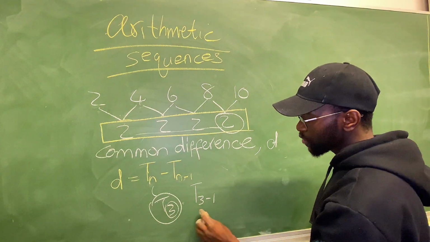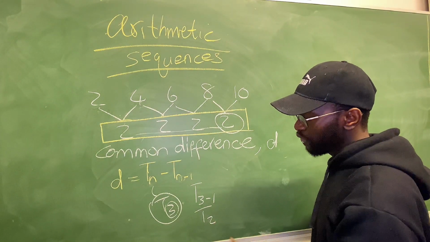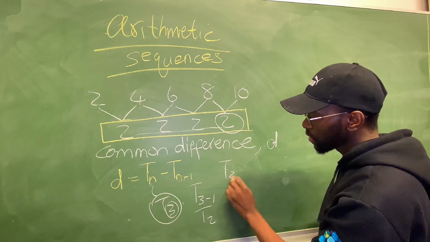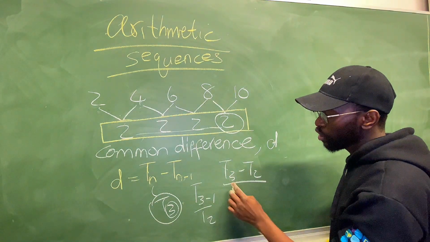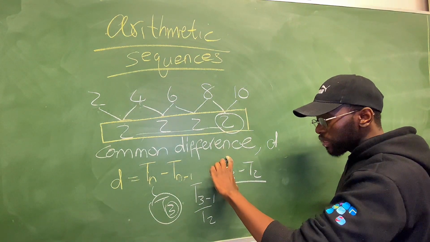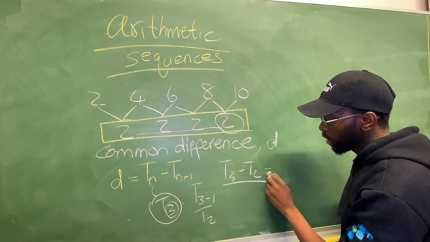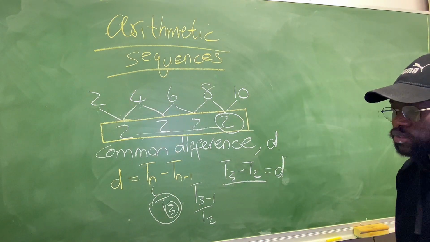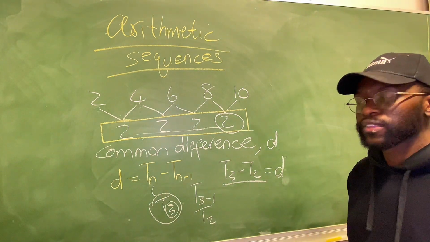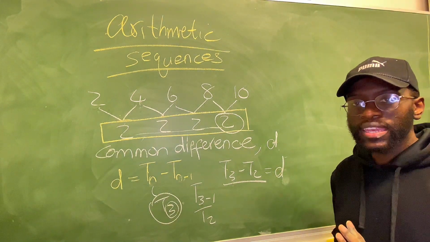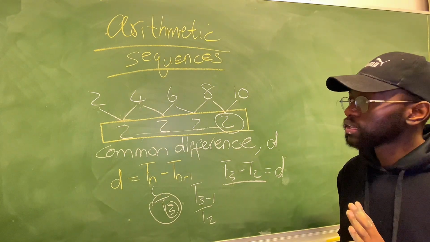Now 3 minus 1, that means we'll take the value 2. So you see t3 minus t2. You take the following value subtracted by the previous value, and you get your common difference, which is D. And that's how we identify an arithmetic sequence.